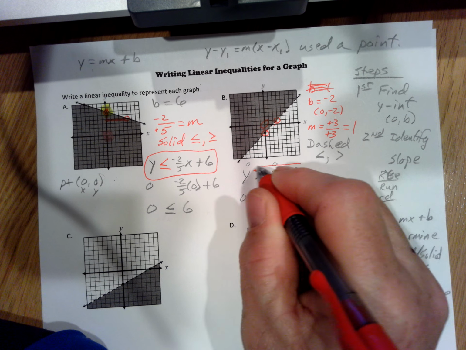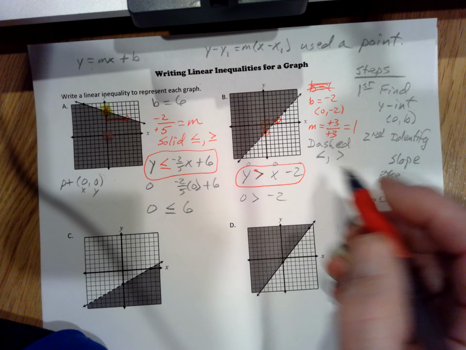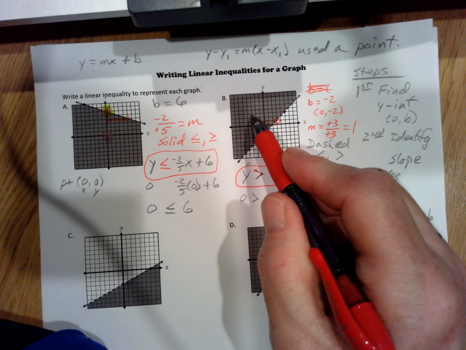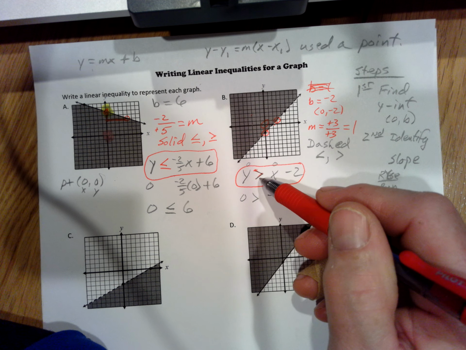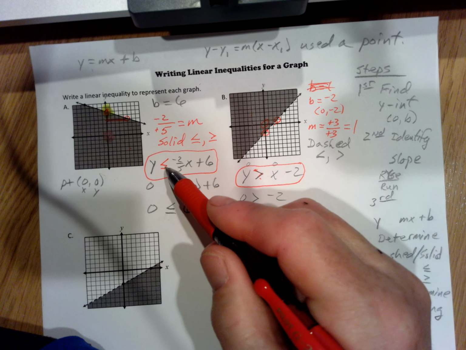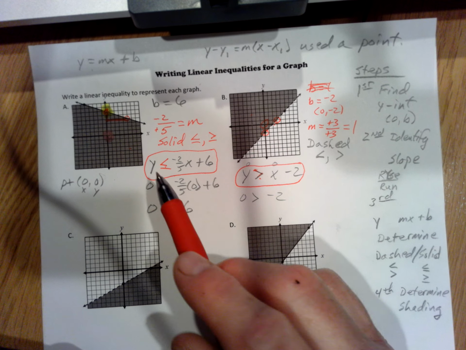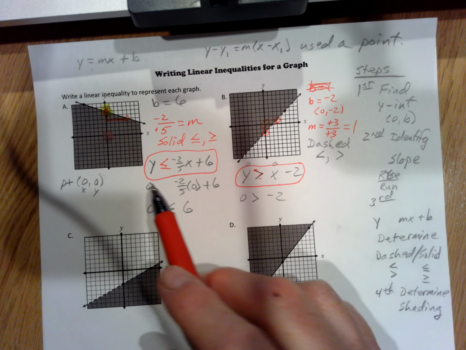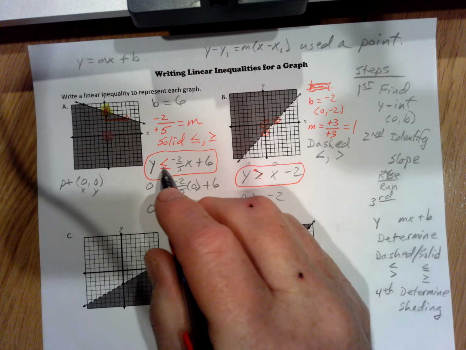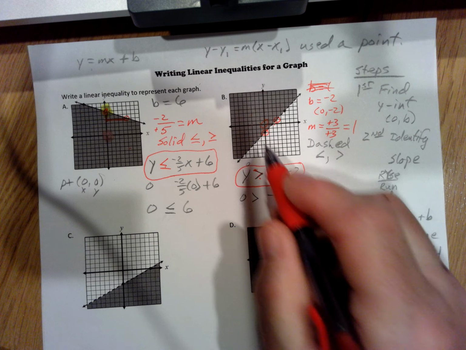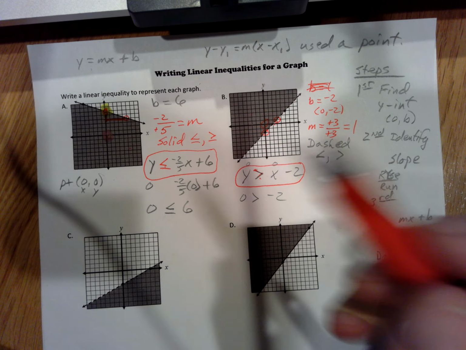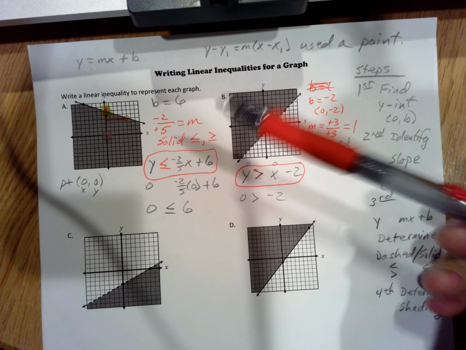Now, notice it's shaded above the line and it's greater than. It's shaded below the line and it's less than. I don't care about the equals. The shading has to do with the less than, greater than. So since this is less than, it's shaded below. Since this is greater than, it's shaded above. Why am I making a big deal out of this? Here's the reason.